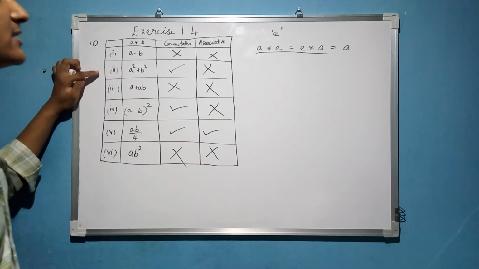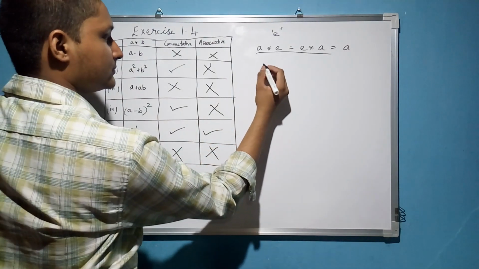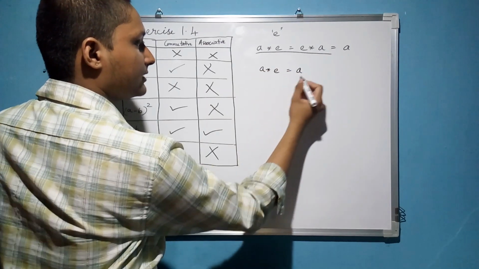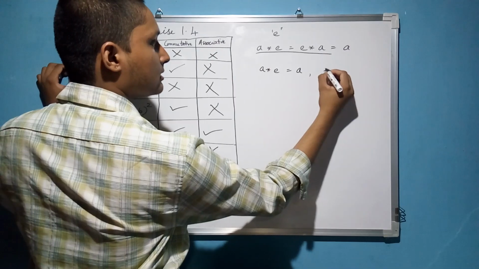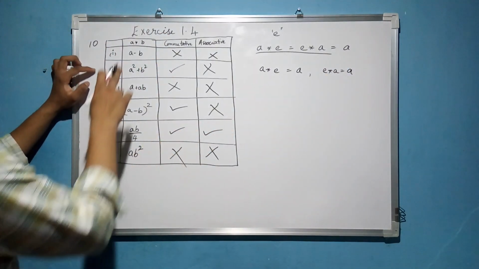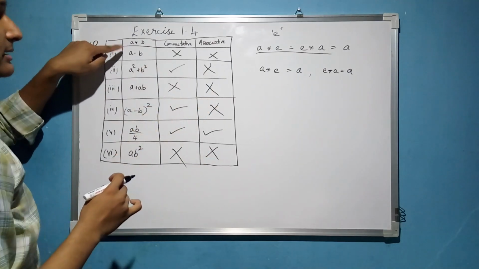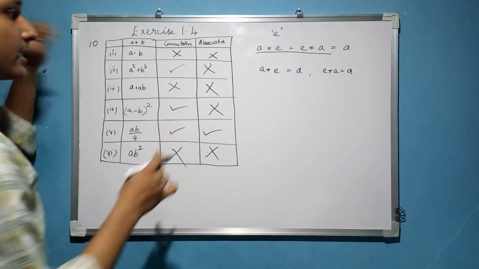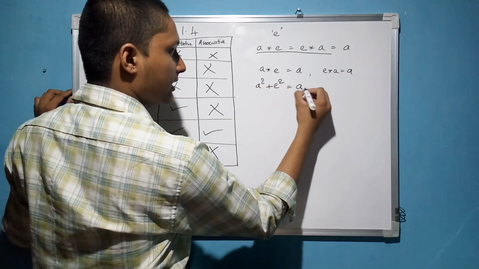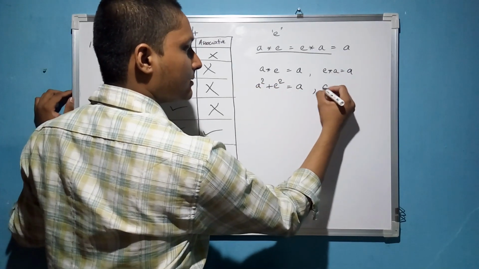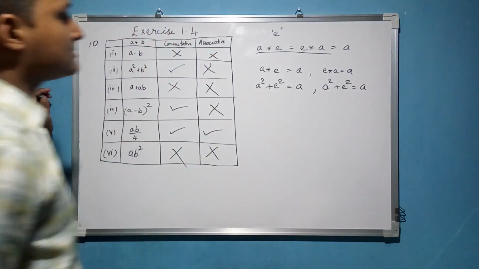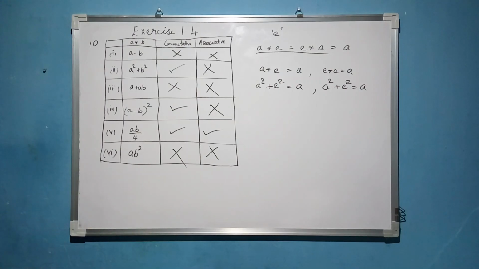So now we'll go to this one first. Let me take only one condition so that I can check whether it is proper. E star A is equal to A. The star operation says first square plus second square, that is A square plus E square is equal to A. And here also A square plus E square is equal to A. Both conditions are the same here because it's commutative, right?